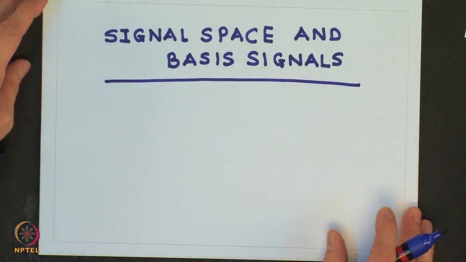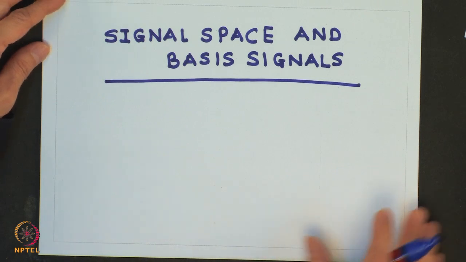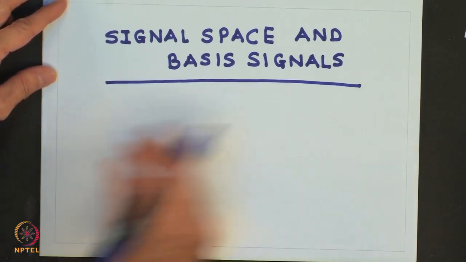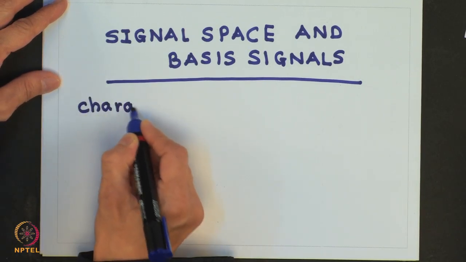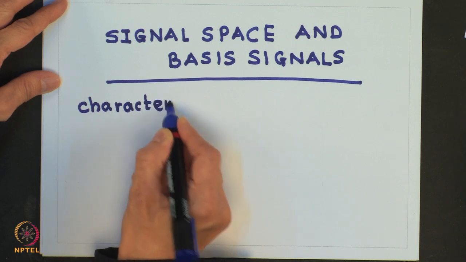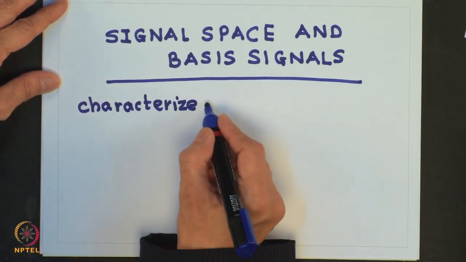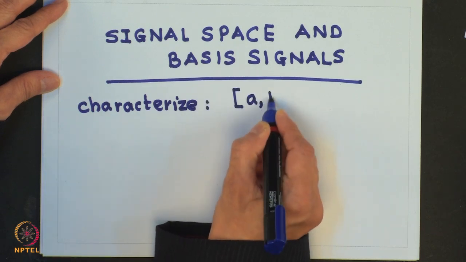So, assuming that we are familiar with vectors and vector spaces, the concept of vector spaces and basis vectors will be extended to characterize continuous time signals defined on some interval, say a, b.